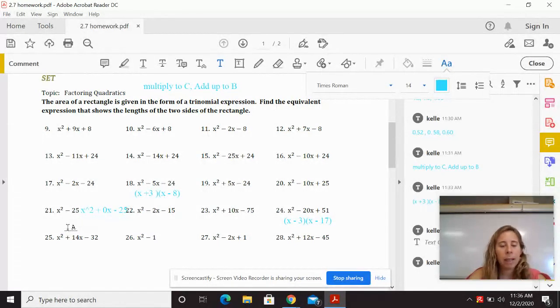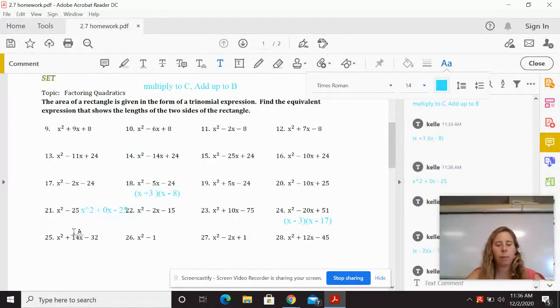So numbers that multiply together to get negative 25 and that add up to 0. Right? So it's x minus something times x plus something. And you know that because c is negative, so you know one of them is going to be negative and one of them is going to be positive. Yeah. All right, so what two numbers can you multiply together to get 25? Well, there's 25 and 1.